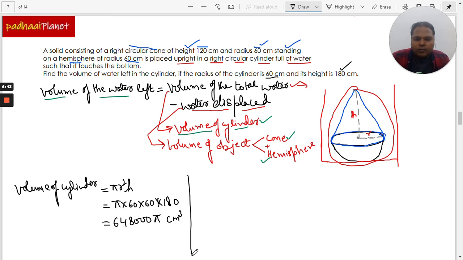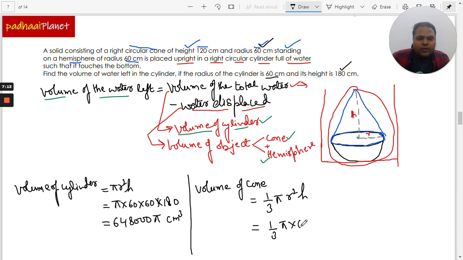Now let's find out the volume of the cone. We are already aware of the formula: volume of the cone is equal to 1/3 pi r square h. So 1/3 pi, and the radius of the cone is 60 centimeters, which is 60 multiplied by 60, and the height of the cone is 120.